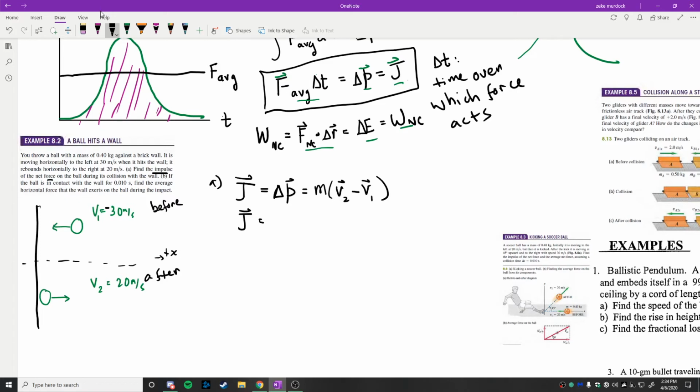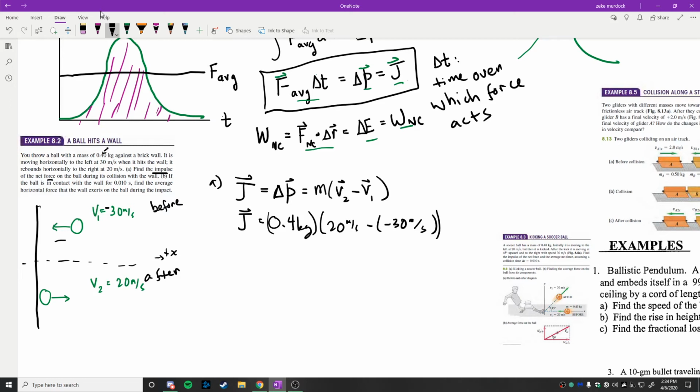Mass of the ball was given right there to be 0.4 kilograms, so 0.4 kg, and we're multiplying by v2 minus v1. So v2 was 20, and then v1 was negative 30. Just be sure that you remember that you have to include the sign of the velocity here, okay?